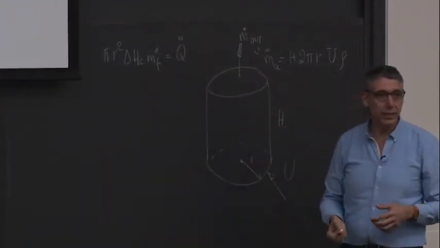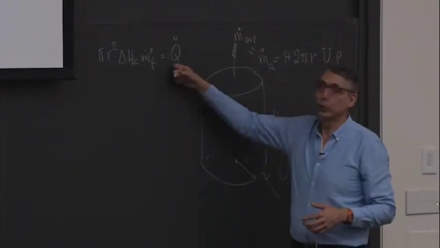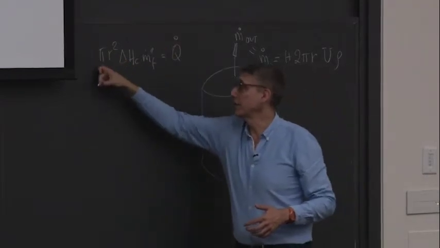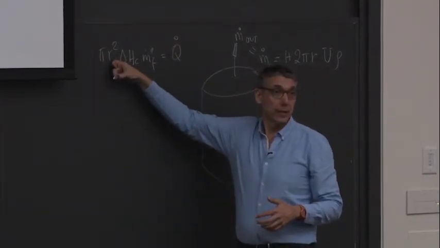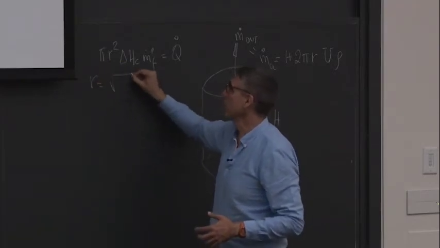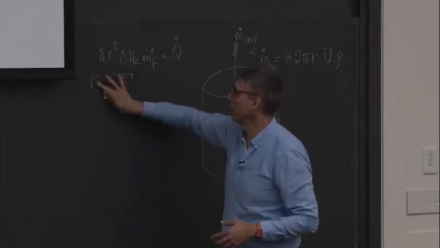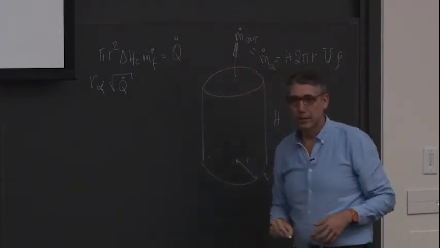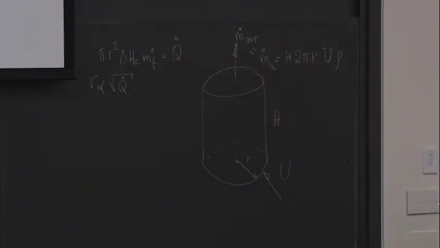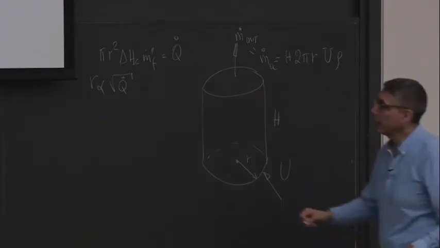So the radius is actually related to the heat release rate, okay, by a constant, but to the square root, no? So r is actually the square root of Q, or proportional. Okay? Believe me, we're just scaling. Are we comfortable with that? Yes? So how would I define the velocity?